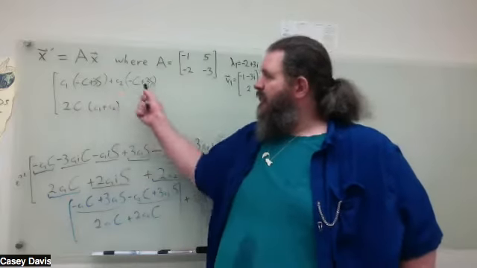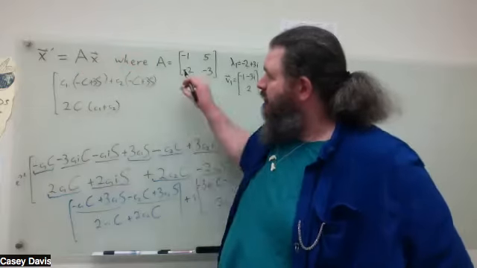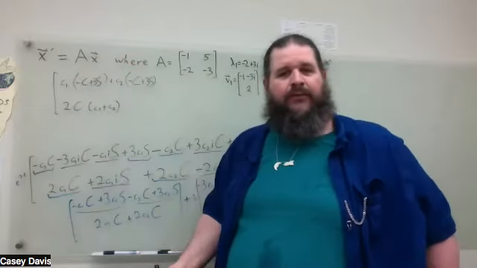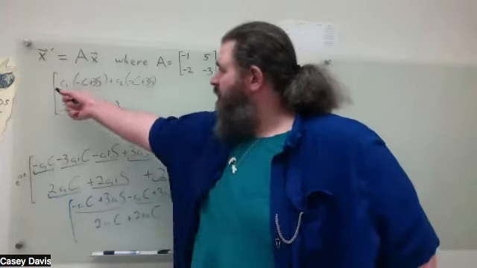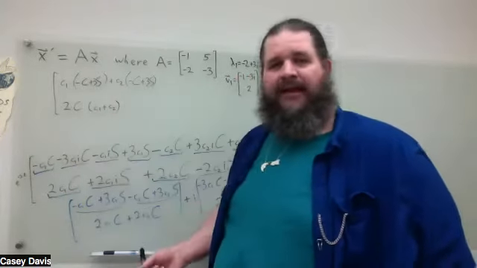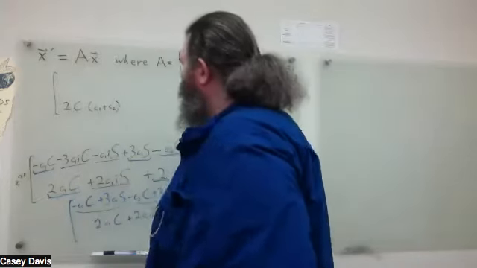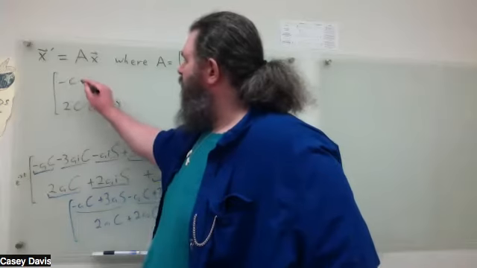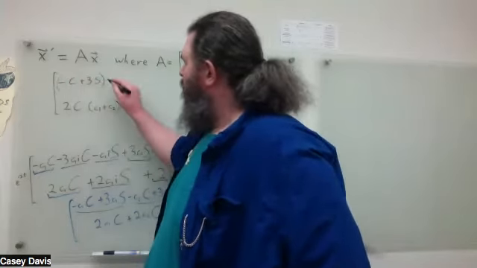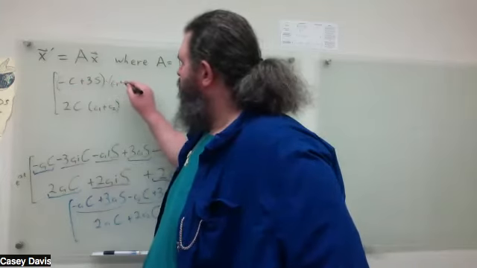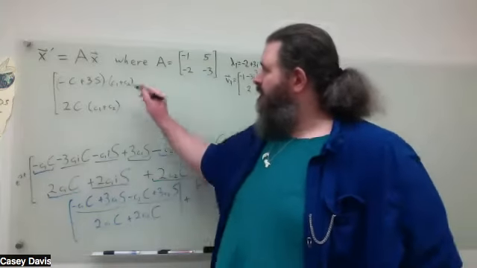And since we have the same thing factored out, negative cosine plus 3 sine, we could now factor negative cosine plus 3 sine out of both of these, and we're left with C1 plus C2. So this whole thing just becomes C1 plus C2 times negative cosine plus 3 sine. So negative cosine plus 3 sine times C1 plus C2. That's much simpler looking than this whole mess.